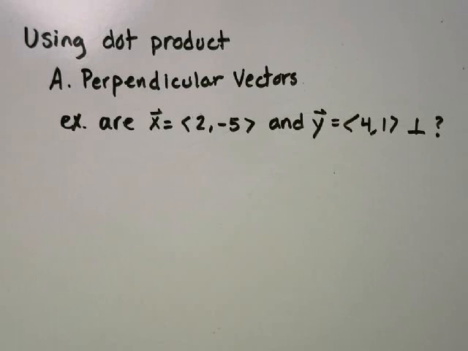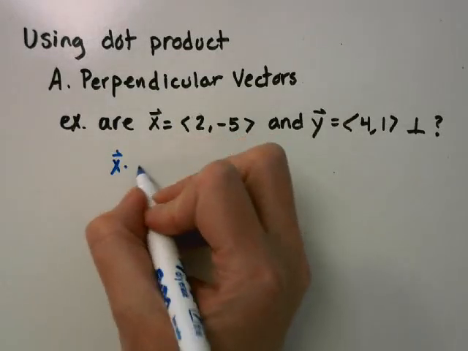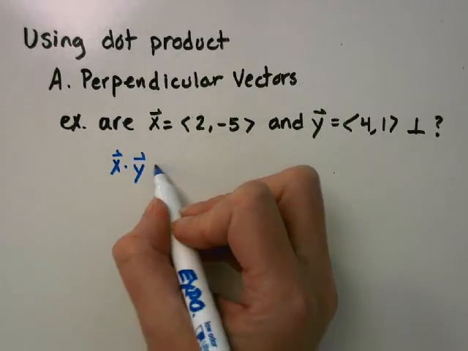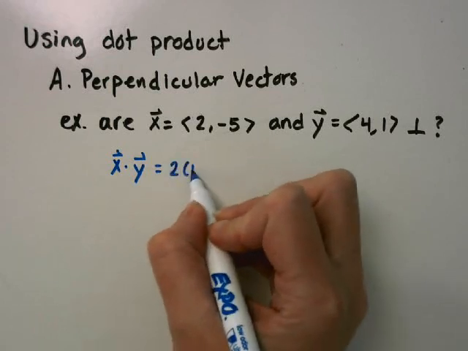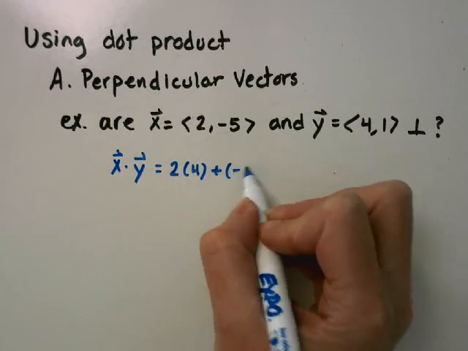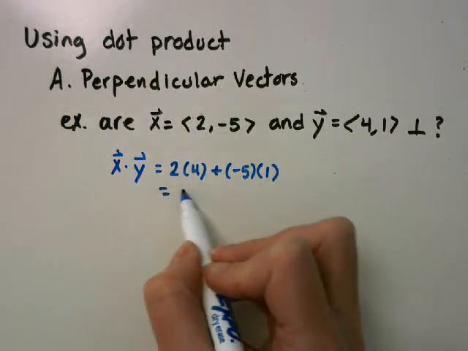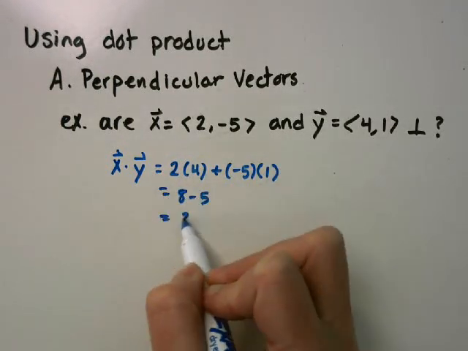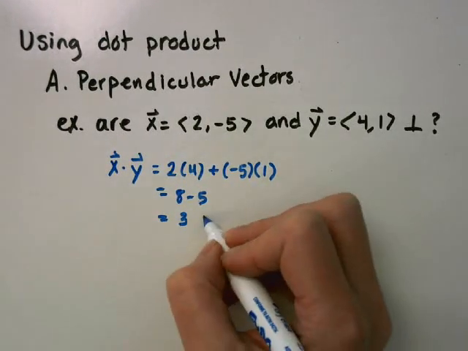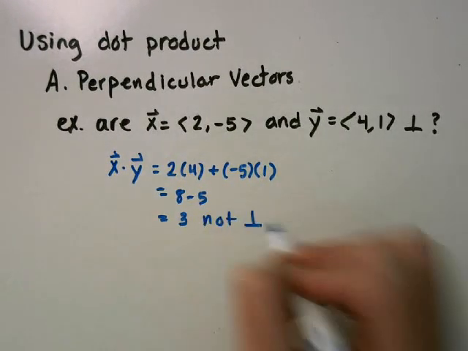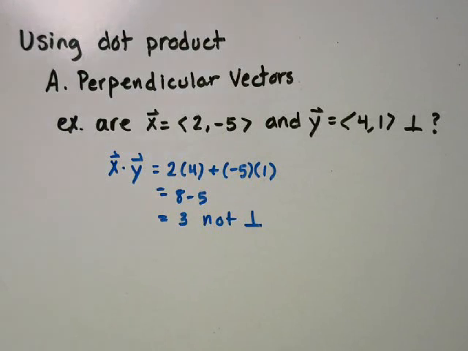All we're going to do is apply the dot product. x dotted with y is going to be 2 times 4 plus -5 times 1. So 8 minus 5, which is 3. 3 is not 0, so these are not perpendicular.